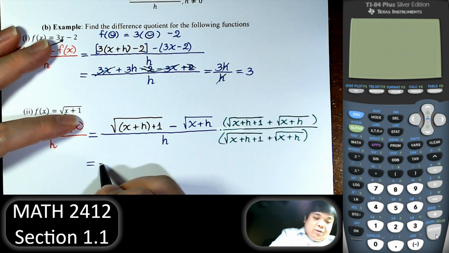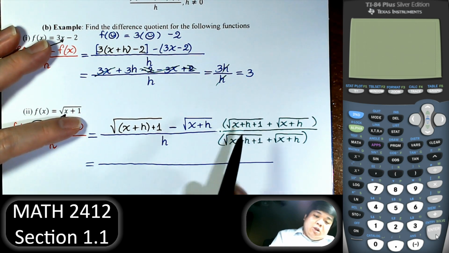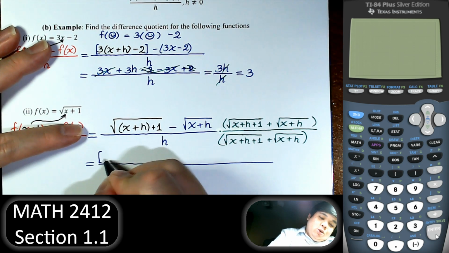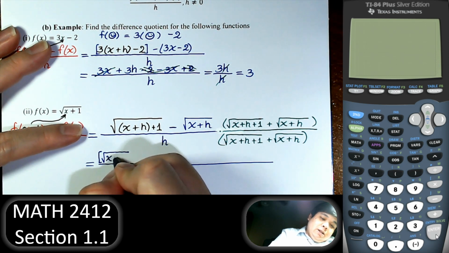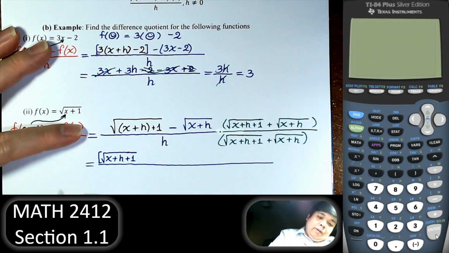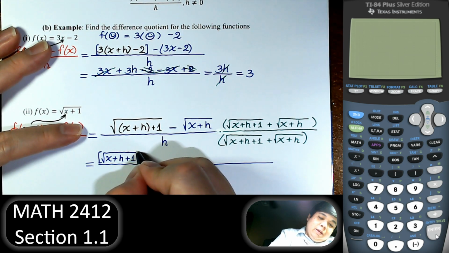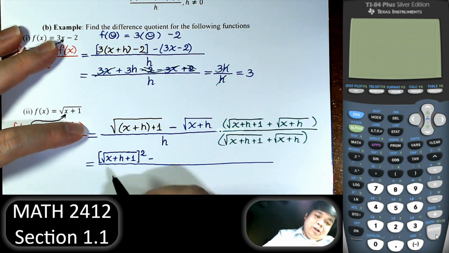Right, now we multiply it out. Square root times the square root, we just have the square root squared, so we have x plus h plus 1.